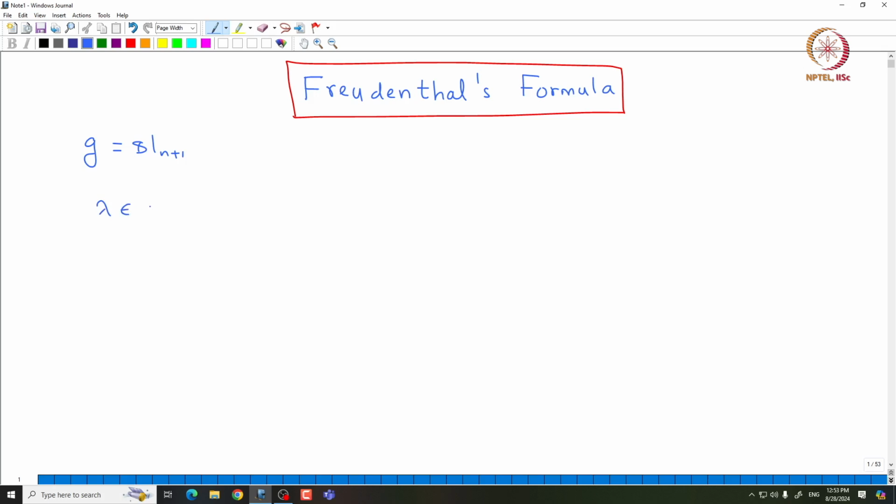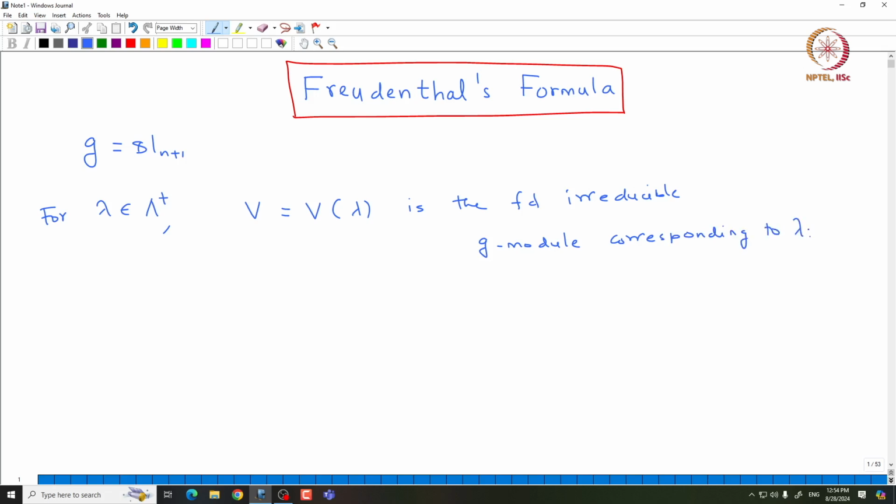So, given lambda dominant, recall this V of lambda is the finite dimensional irreducible G-module corresponding to that lambda. Now we are interested in computing weight multiplicities of various weights for this module. Let us use this notation.